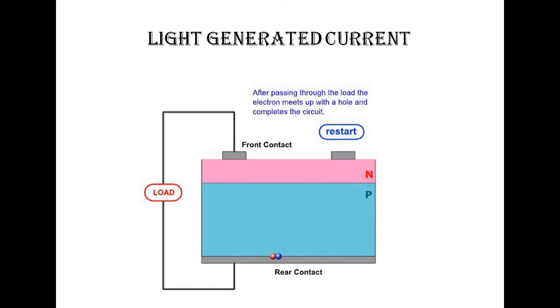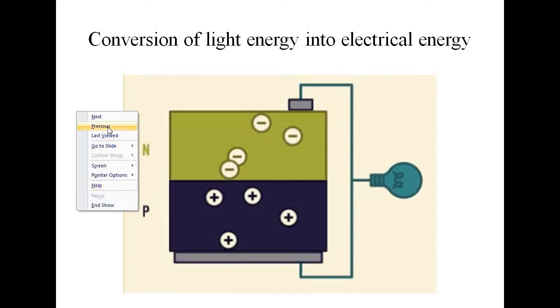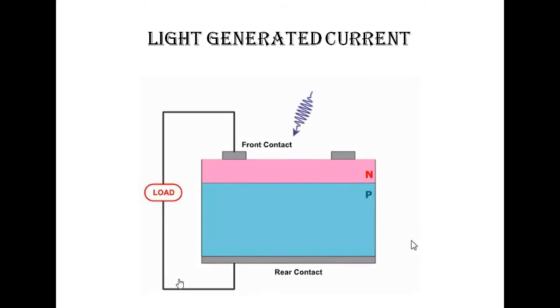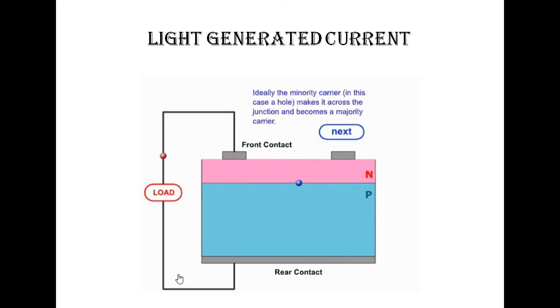The first process is the absorption of incident photons to create electron hole pairs, which will be generated in the solar cell provided that the incident photon has an energy greater than that of the band gap.